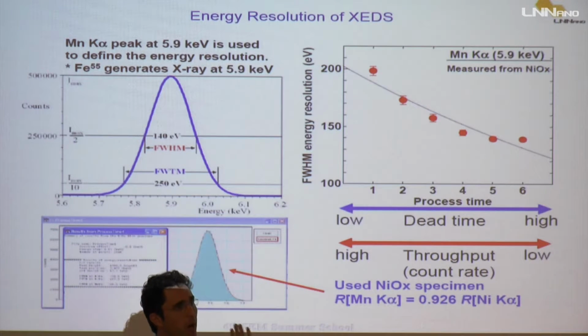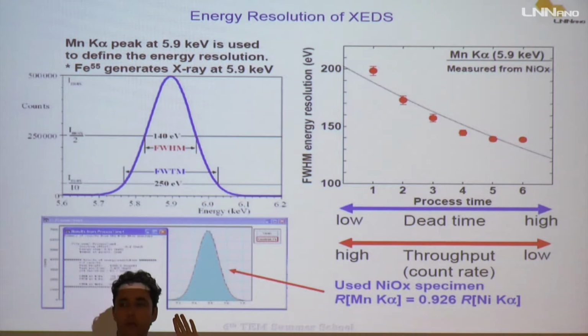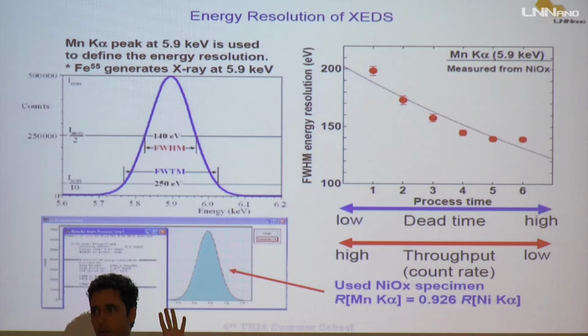But the photon arrives at the detector, and it needs some finite amount of time to lose all its energy and be measured by the detector.